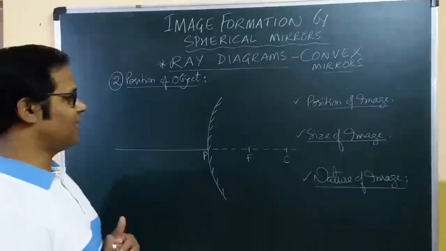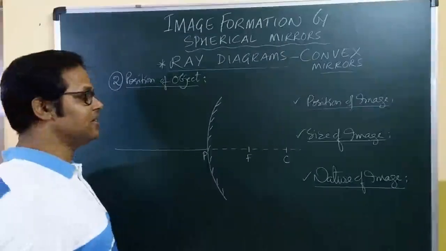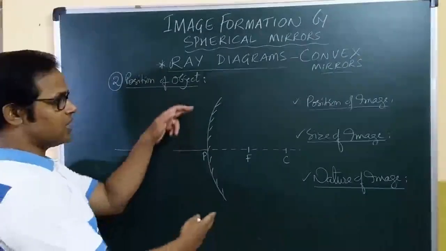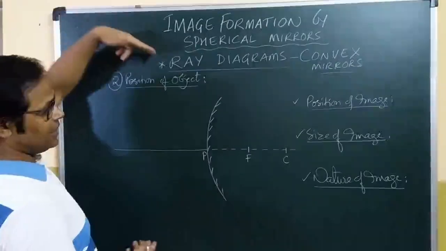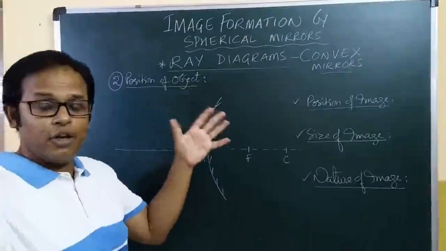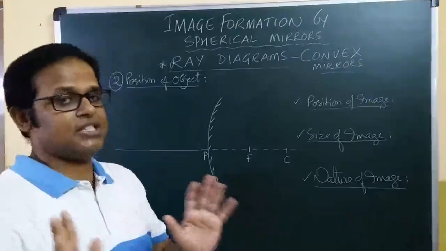And the scientific reason behind this is that the reflecting surface, being curved outwards, starts capturing much more light from various possible angles, as you can see there, and hence it can show you a wider field of view, but the images become diminished but stay erect.